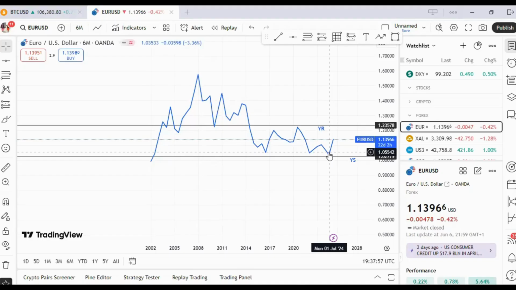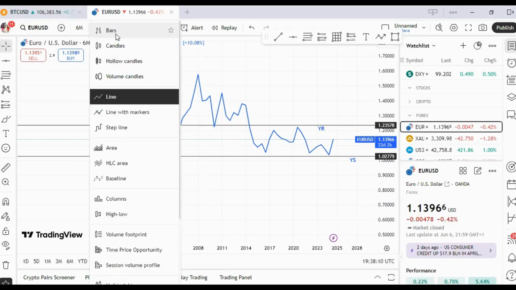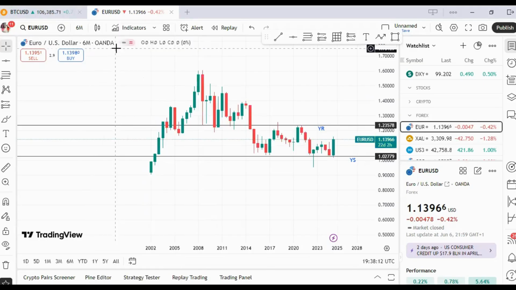I'm seeing for the line chart, I'm seeing a W pattern there. Okay, let me remove the line charts. Candles.